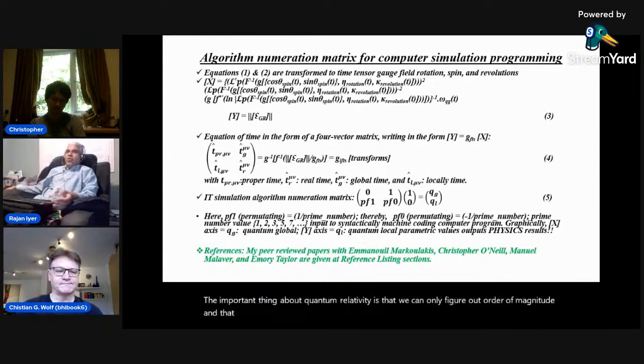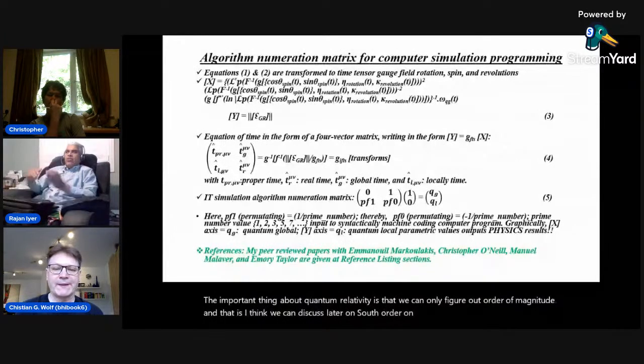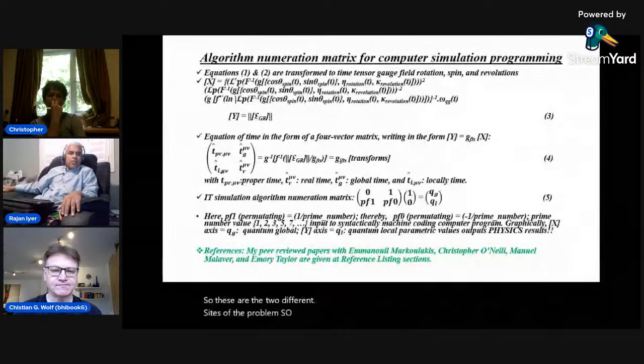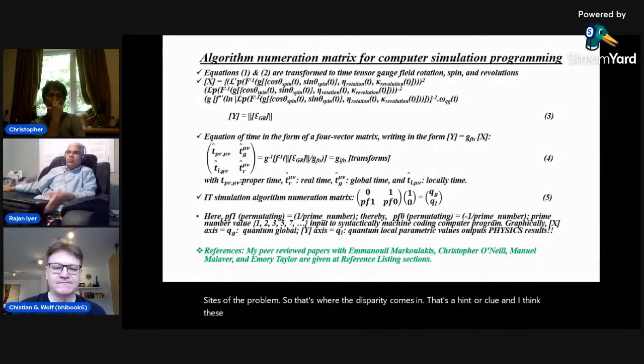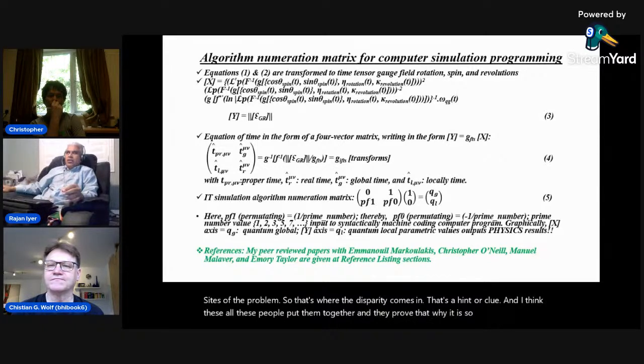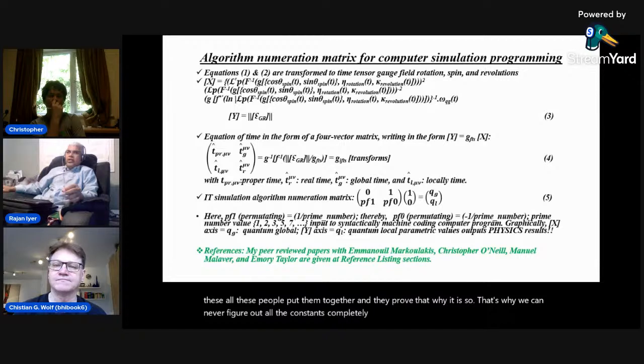So order of magnitude, I have found, so these are the two different sides of the problem. That's where the disparity comes in. That's like a hint or clue, and I think if you put all these together, it will prove why it is so. That's why we can never figure out all the constants completely, very accurately.